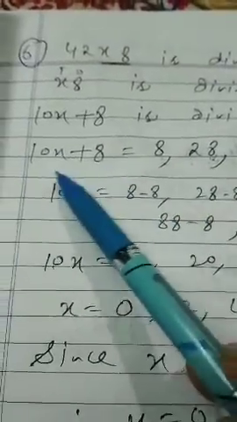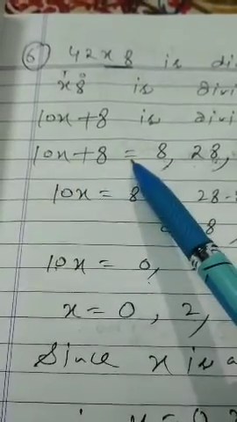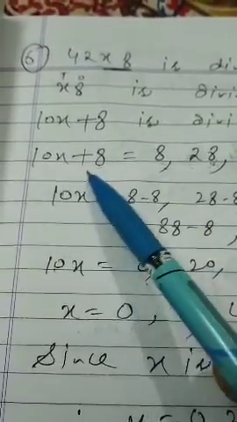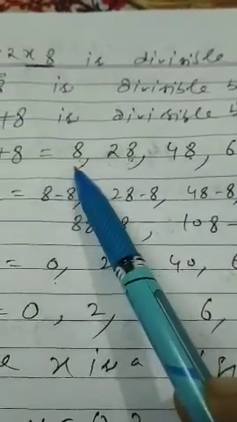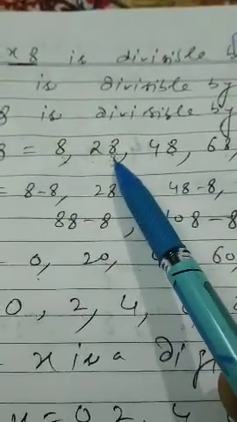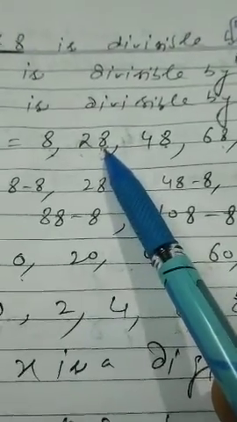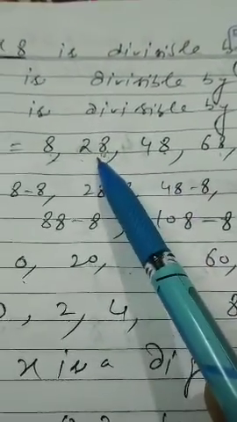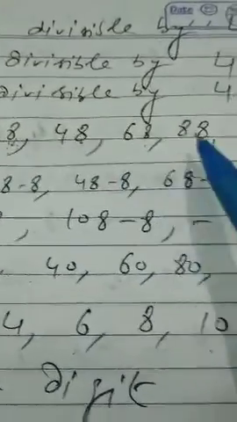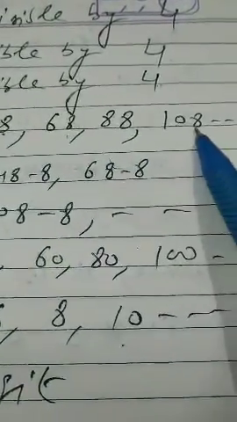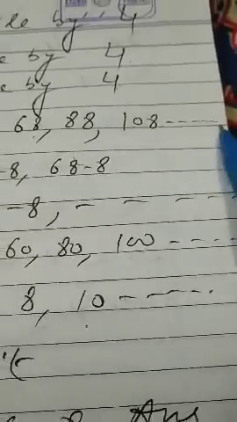Now in front of this, you will equate this 10x plus 8 with the multiples of 4. But only those multiples of 4 whose ones digit is coming 8. Like 8, 28, 48, 68, 88 and 108 and so on.